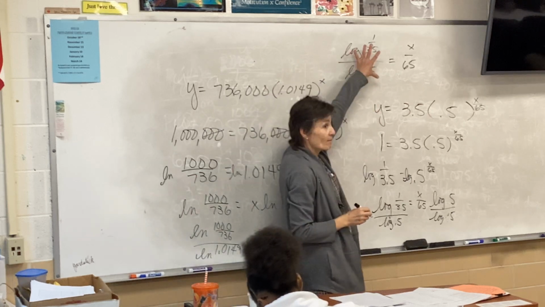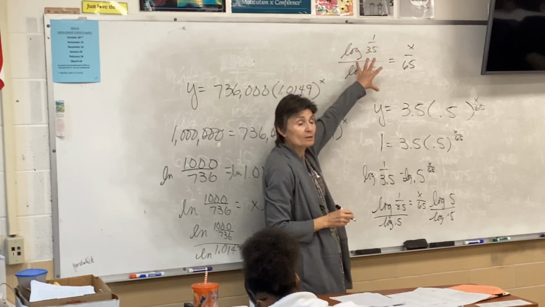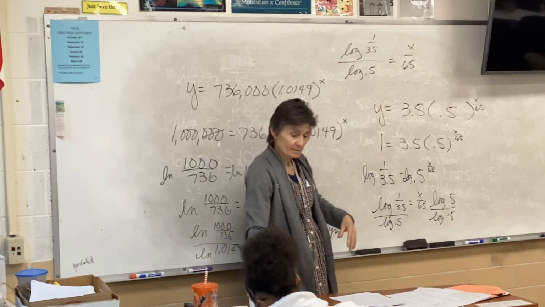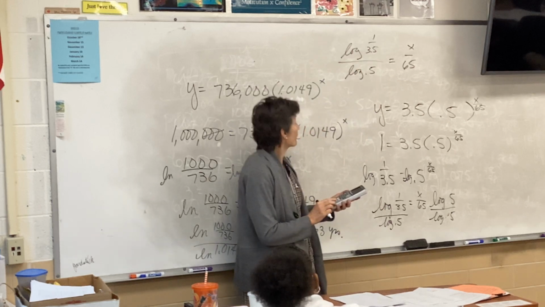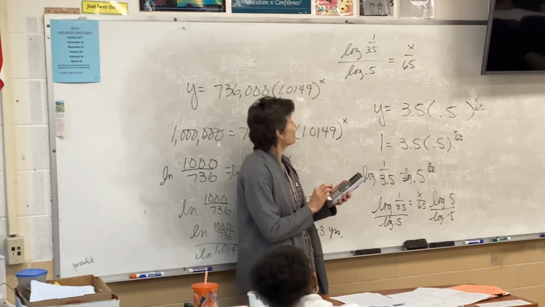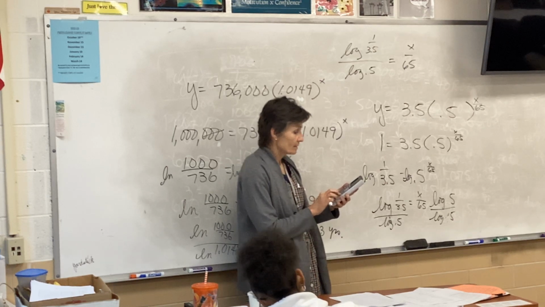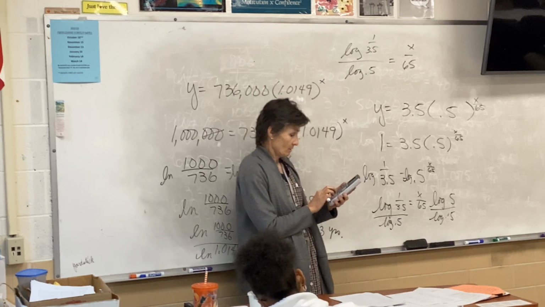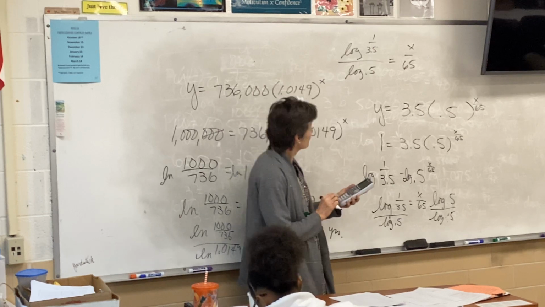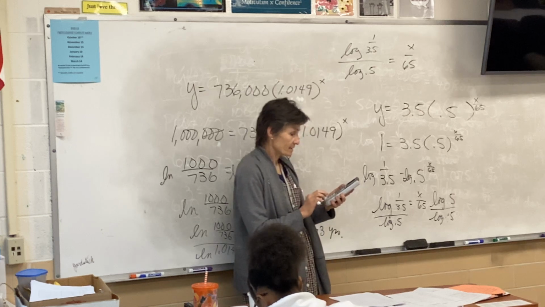So once I get that number, what do I need to do? Multiply by 65. So log of 1 divided by 3.5, divided by log 0.5, times 65.